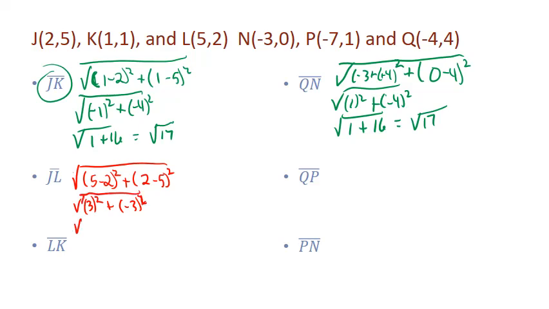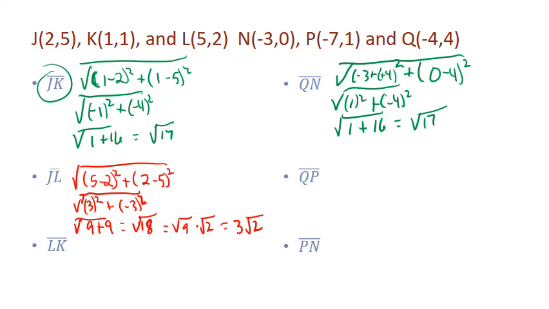So now I'm looking at the square root of 9 plus 9, which is the square root of 18. And I could actually simplify that further. Could leave it right there at square root of 18, but square root of 18 is the same as square root of 9 times the square root of 2, which then would equal 3 square root of 2. Either square root of 18 or 3 square root of 2 would be a valid answer.